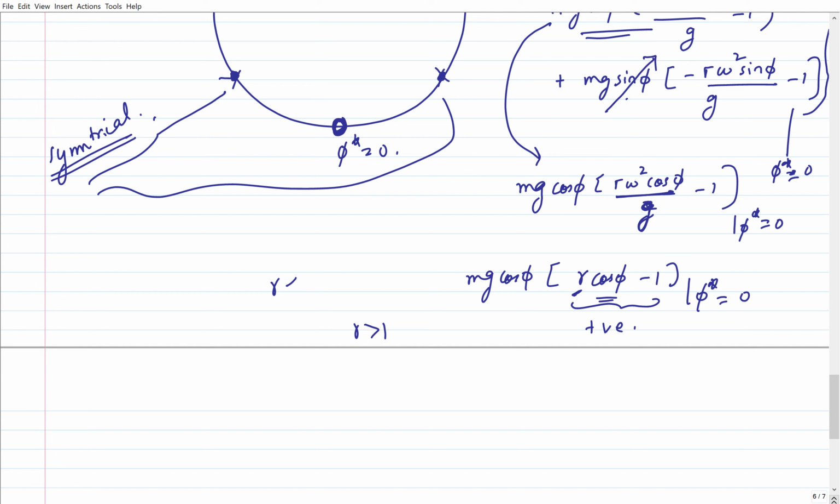So at this point, when f double dash becomes greater than 0, I have a condition for an unstable fixed point. Any phi over here is just going to go away. So as soon as gamma becomes greater than 1, not only do I get two fixed points which you can show are stable, my fixed point at phi star equals 0 becomes unstable.